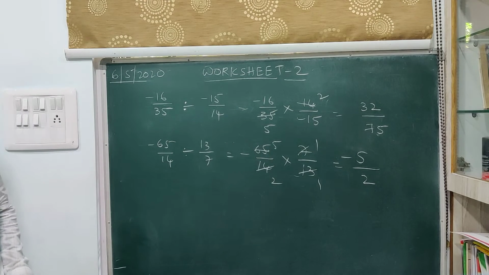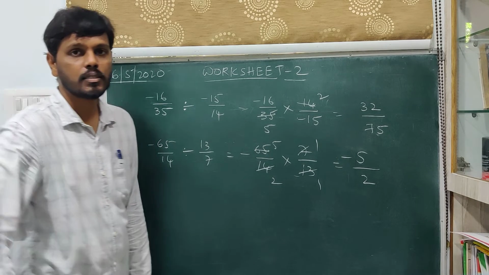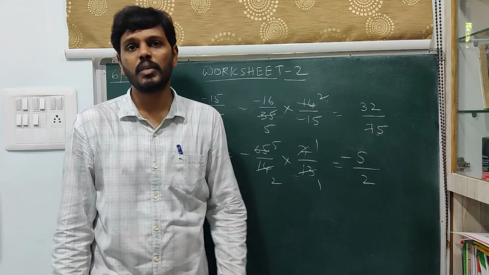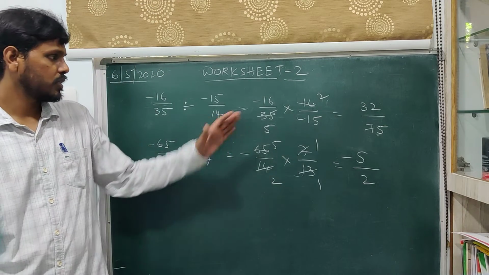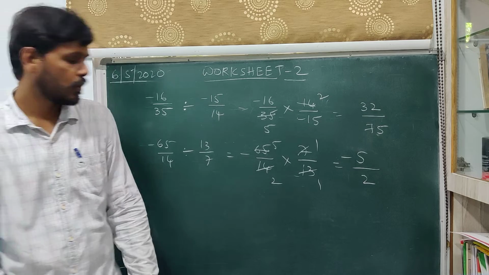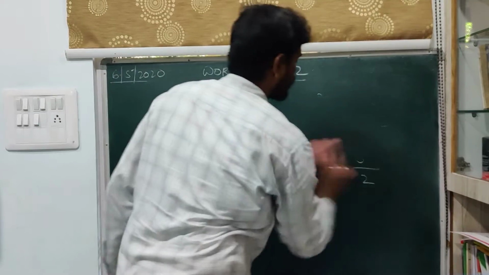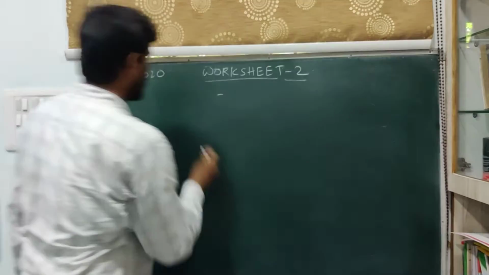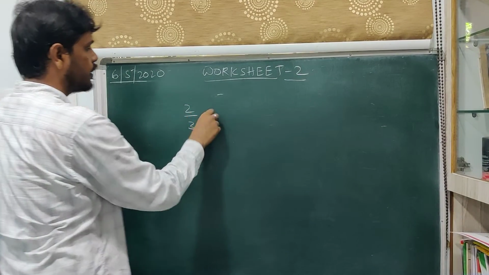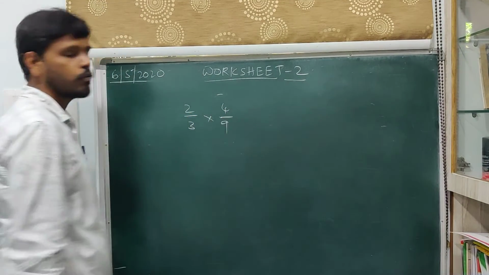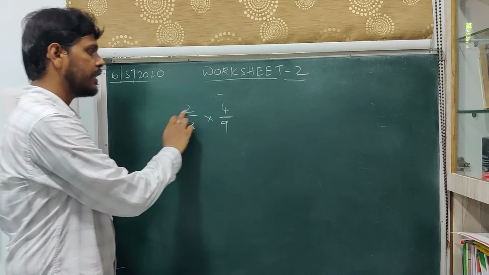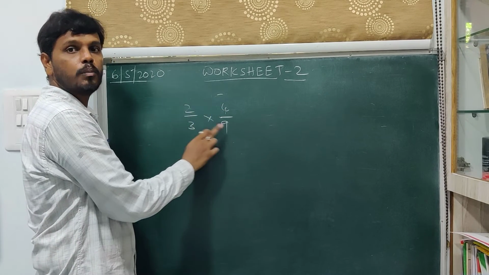So this is the way to go about cancellations wherever it is possible. While you are doing cancellations, cancellation should be done between numerator and denominator, just like the way we have done in all these problems. Suppose you have questions of this kind: 2 by 3 into 4 by 9. Now you cannot cancel between numerator and numerator, or denominator and denominator.